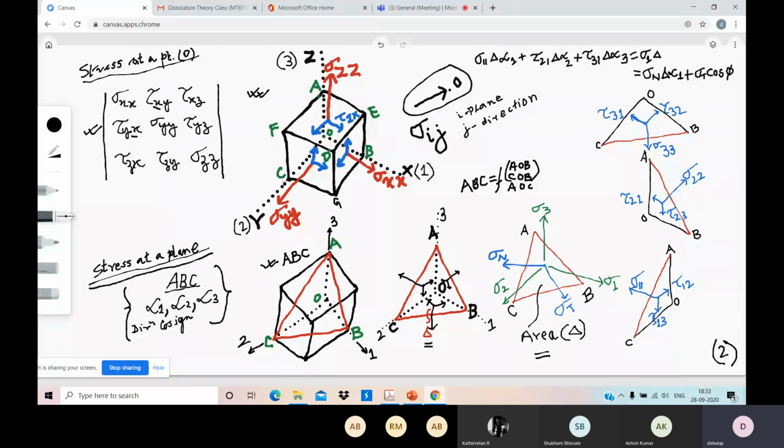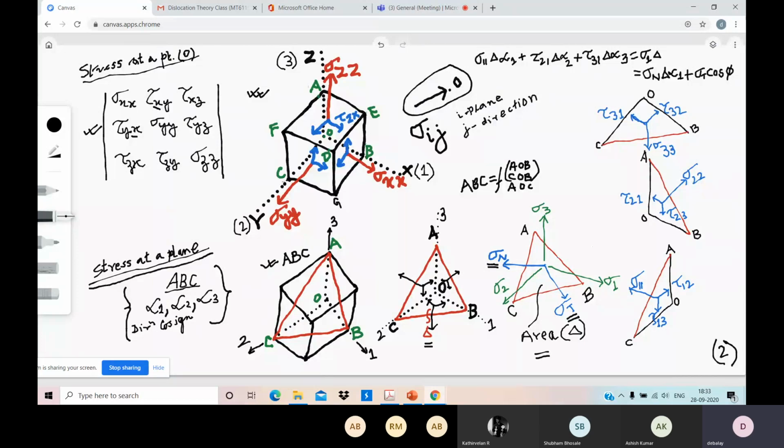One is the net normal stress, which I am drawing in blue color as sigma n, acting along the plane normal direction, perpendicular to the ABC plane, and the resultant shear component, sigma t. So either you can represent the stress on the ABC plane by the blue components, sigma n and sigma t.